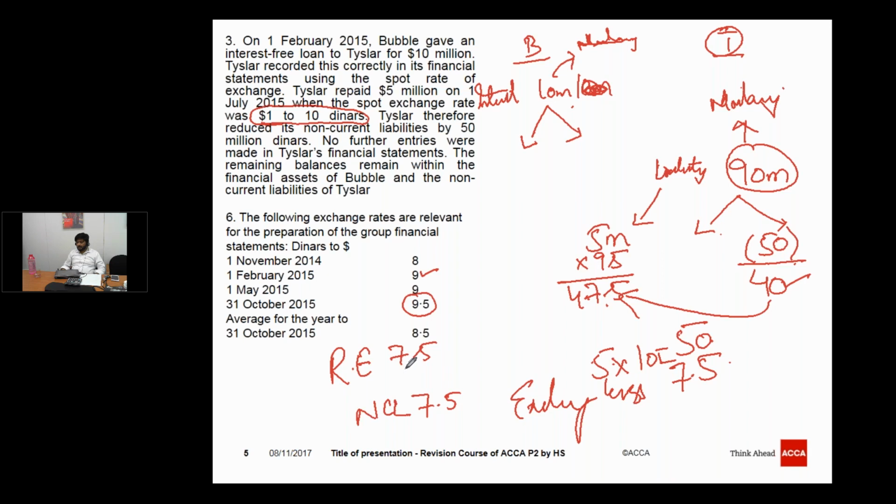So we are actually debiting the retained earnings of the subsidiary company. Therefore we have to distribute the amount into group share and NCI share. As it is an adjustment in the books of the subsidiary company, this is an adjustment in the books of Tesla company. Therefore, this adjustment will also affect the non-controlling interest as well. Okay.